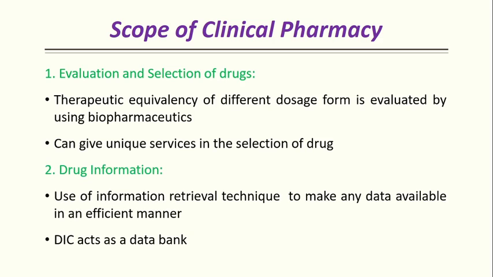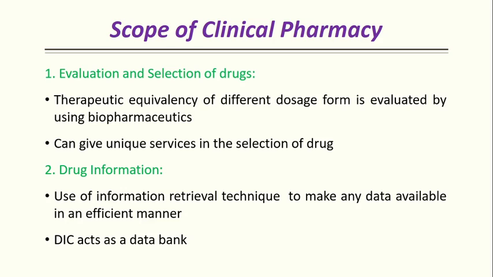Here is the drug information: the use of information retrieval techniques to make data available in an efficient manner. Here clinical pharmacy stores the data bank related to the drugs as well as the therapy. So clinical pharmacy acts as a drug information source or drug data bank.